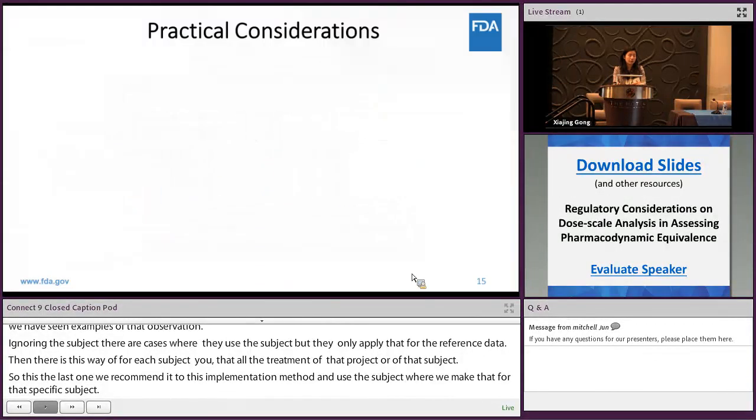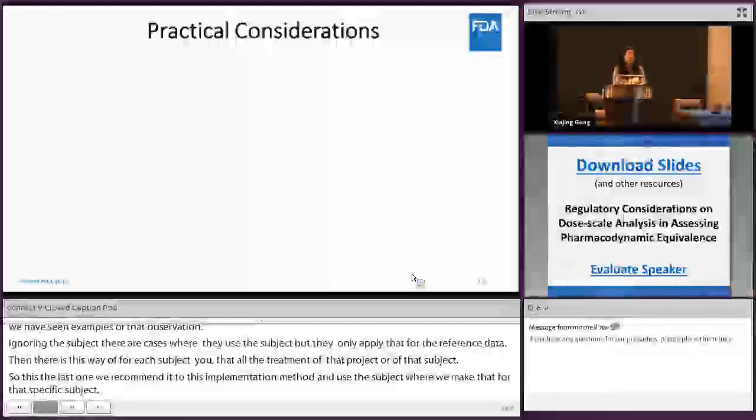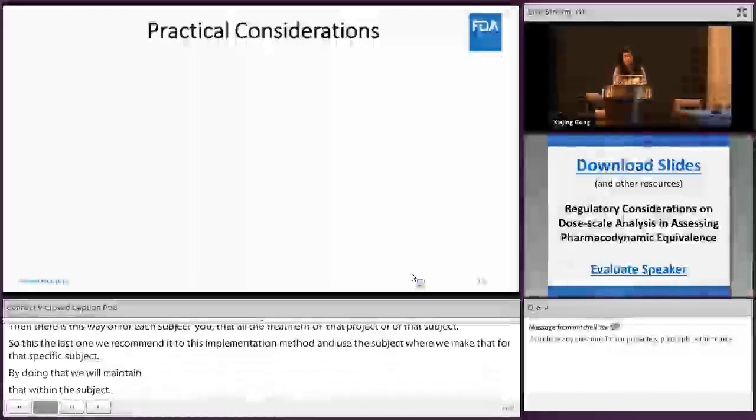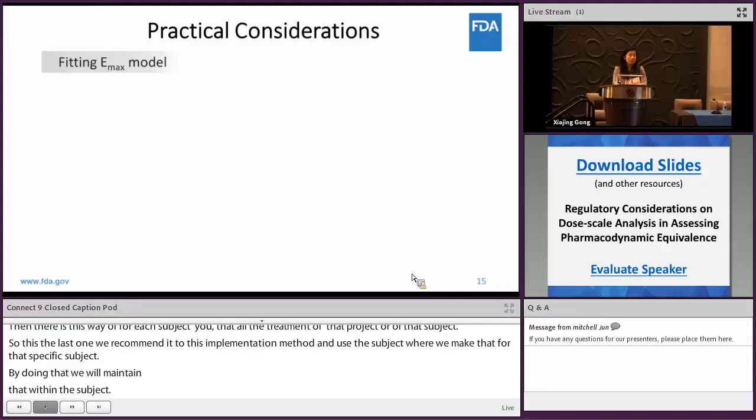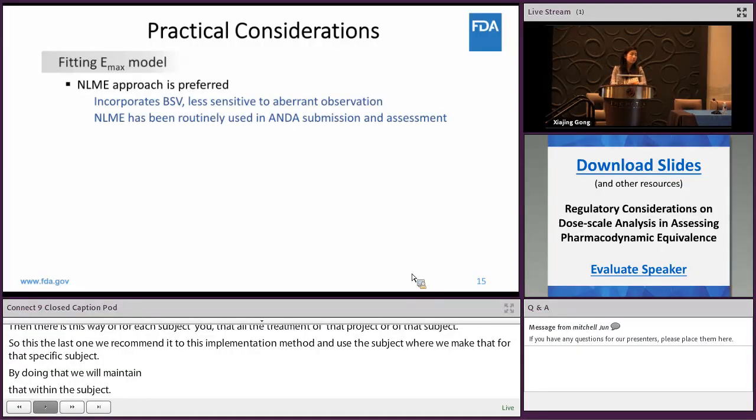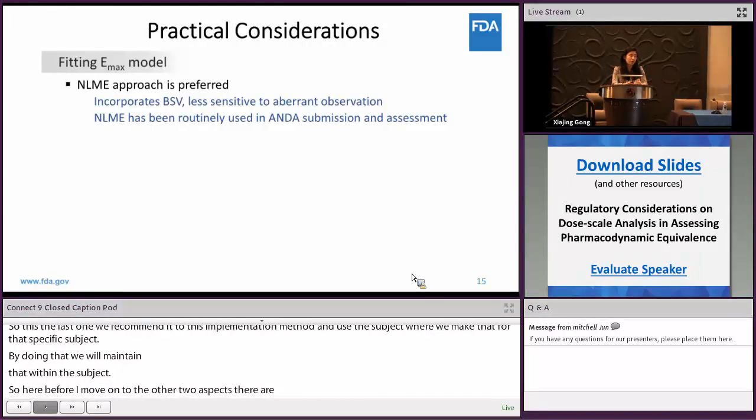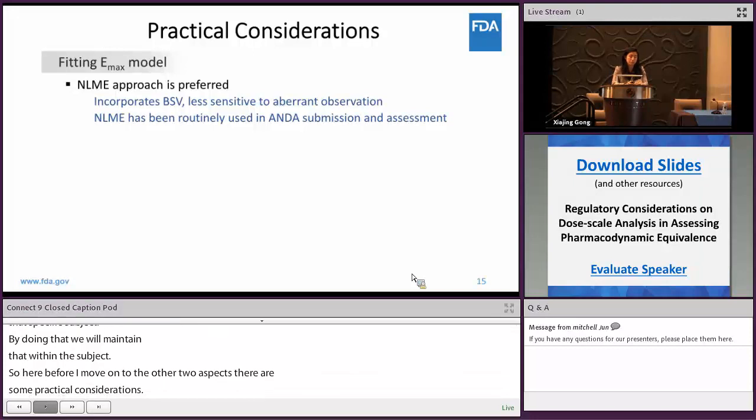So here, before I move on to the other two aspects, I want to do a quick summary of some practical considerations. So for fitting Emax model, among the several available approaches, the NLME approach is preferred as it incorporates between subject variability and is less sensitive to aberrant observations. And it has been routinely used in ANDA submission and review.